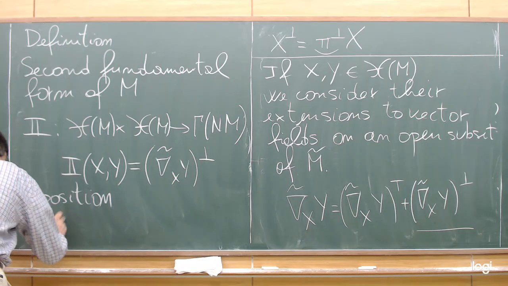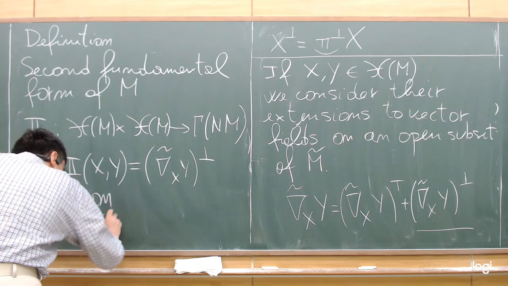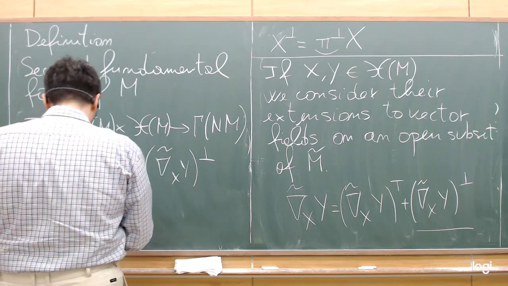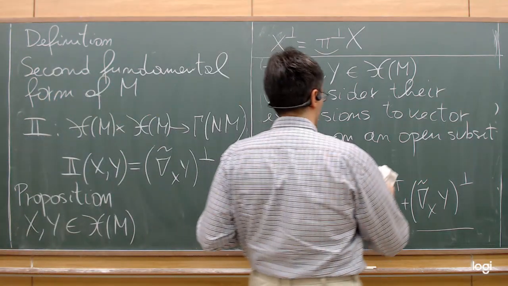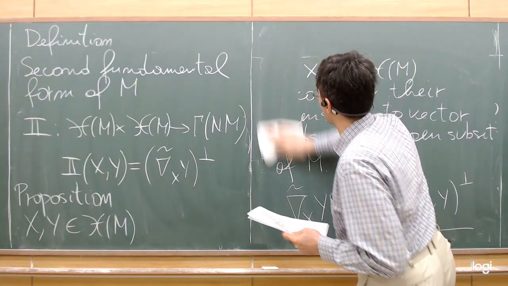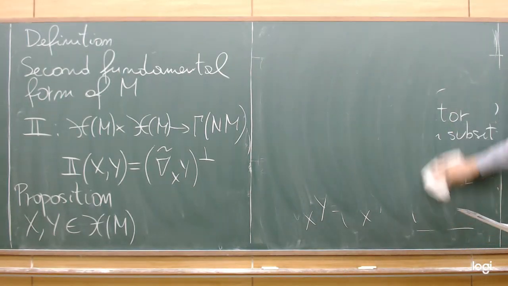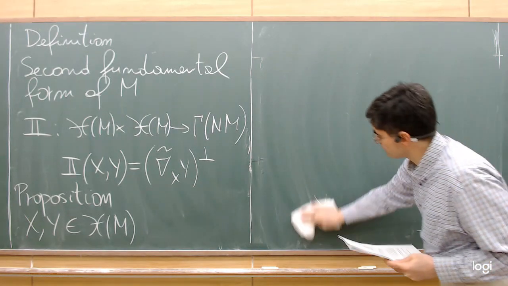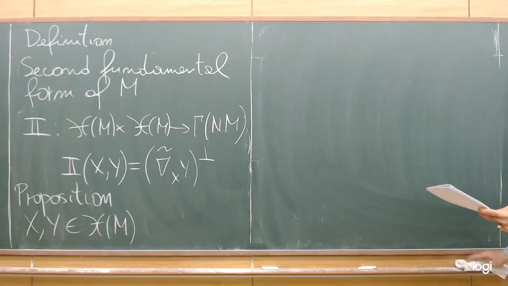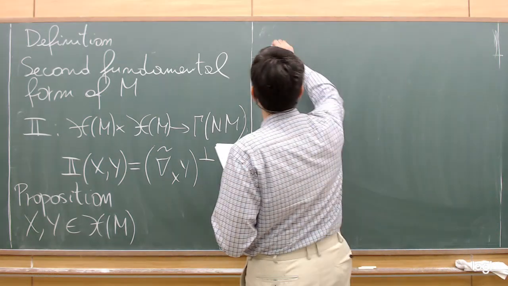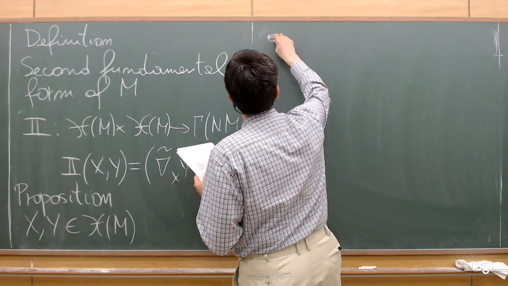If x and y are in Gamma of TM, then you can prove the following statements.